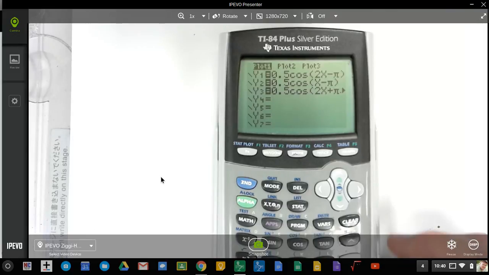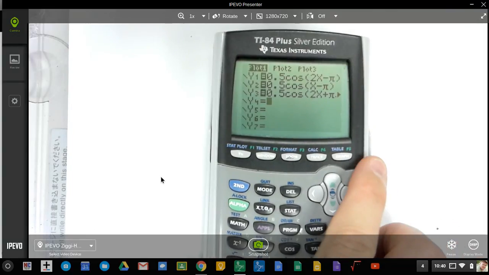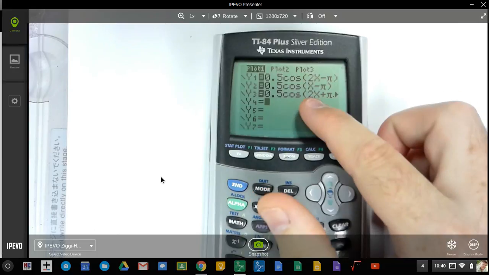All right, guys, with these functions typed in, again, this is A, B, and C in order.